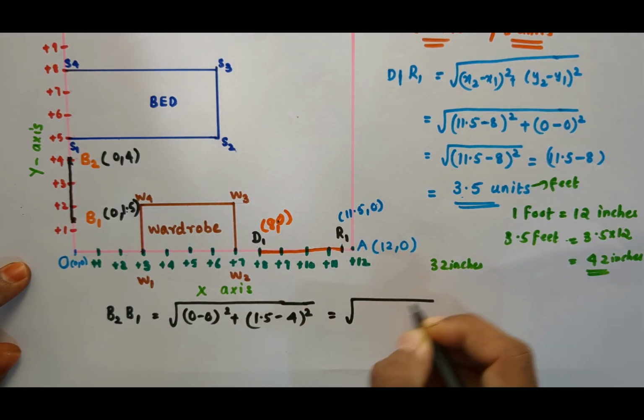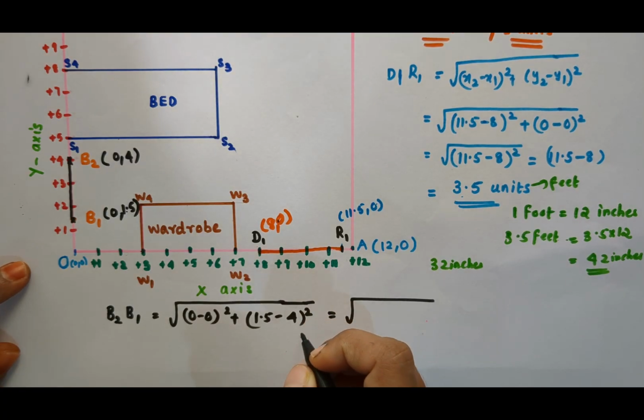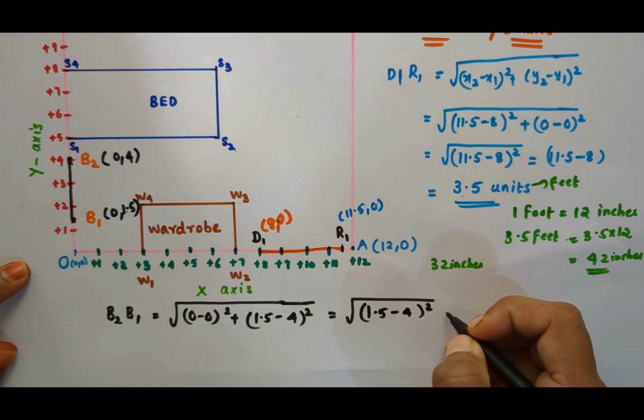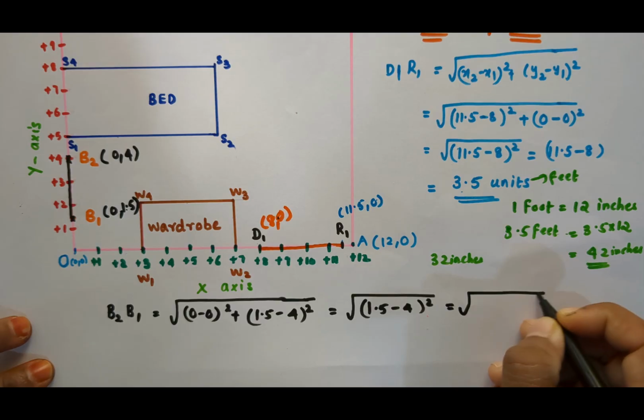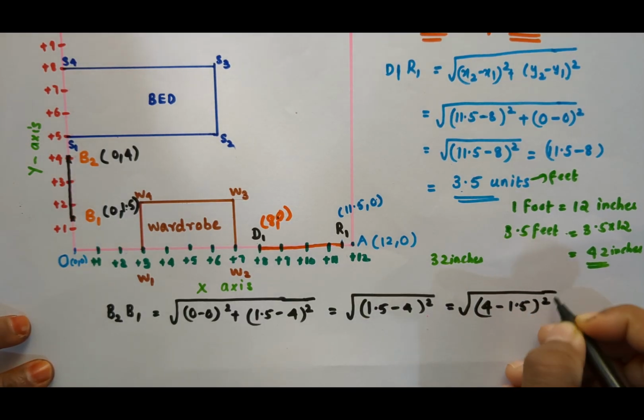So this is equal to the square root of 0 squared, which is 0, plus 1.5 minus 4 all squared. This can also be written as 4 minus 1.5 all squared, because we are taking the square.